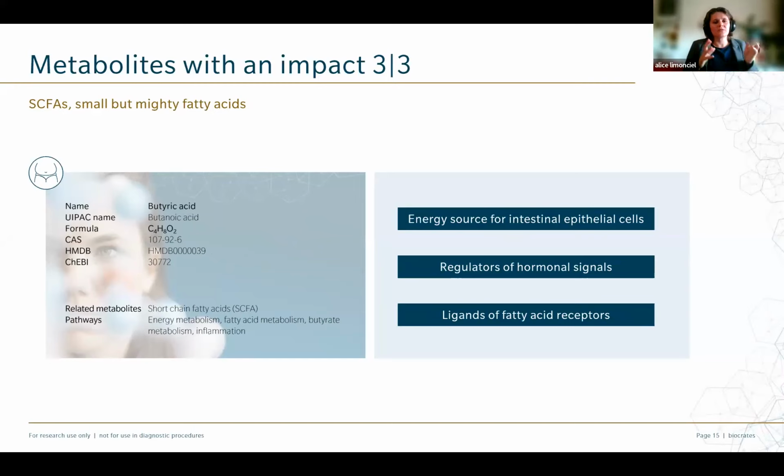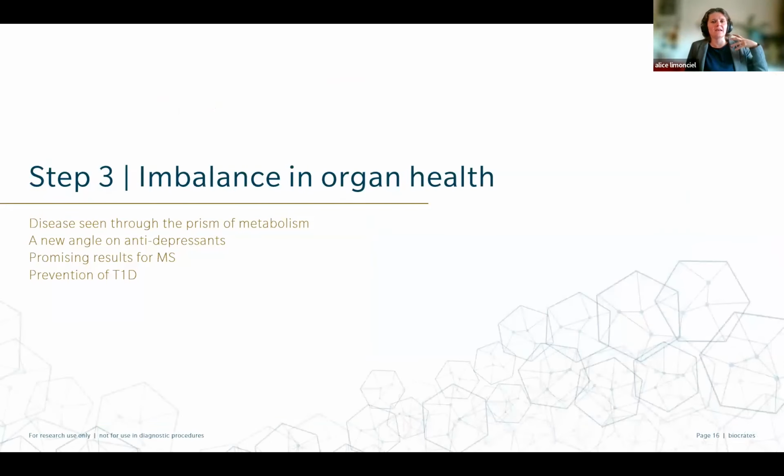But these small molecules also have the power to regulate hormonal signals, including insulin signaling, and they're also ligands for certain receptors. So you see, these metabolites really have an impact, and once they converge onto building up insulin resistance and pushing our metabolism through those 3 routes of inflammation, intracellular malnutrition, and mitochondrial dysfunction, we start to see over time an imbalance in organ health, which is step 3.